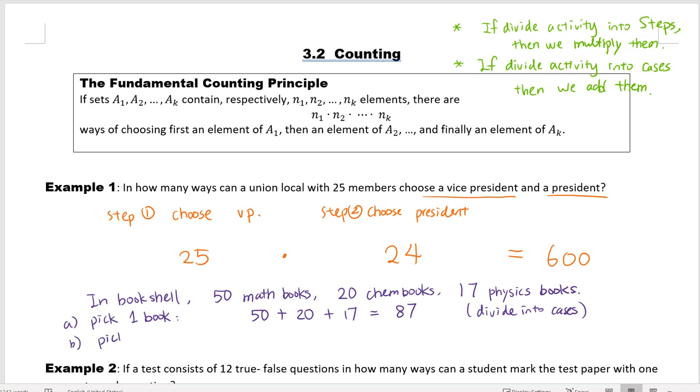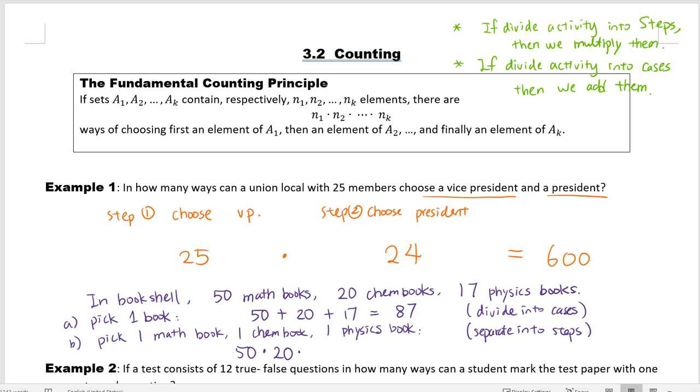And if we want to pick one math book and one chemistry book and one physics book, then we can separate into steps. Right? We first pick a math book, and there are 50 choices. Then we pick a chemistry book, so there are 20 choices.